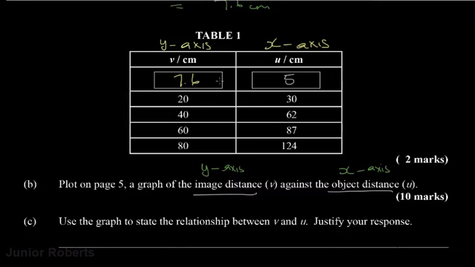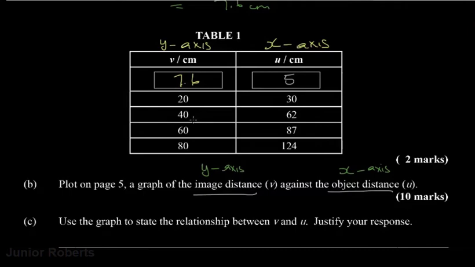When choosing the scale, you want to always take a look at the range of data that you have to plot, right? So you're plotting from 7.6 to 80 on the y-axis. So we'll need to choose a suitable scale that can allow us to do so, right?